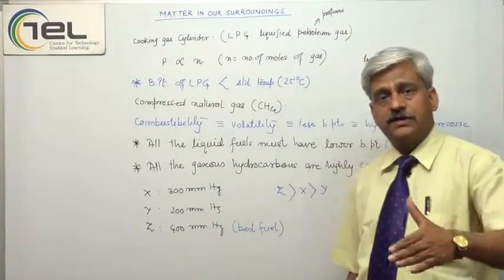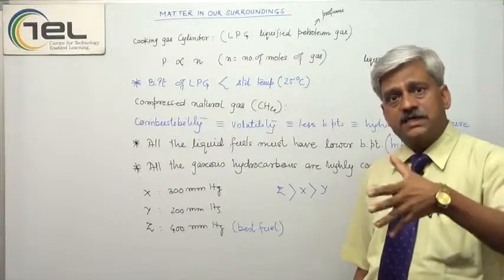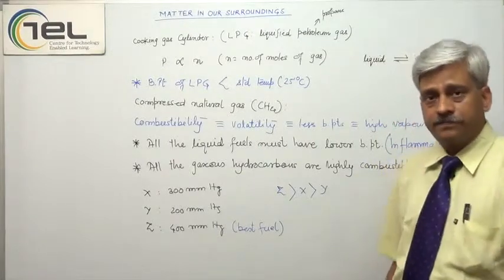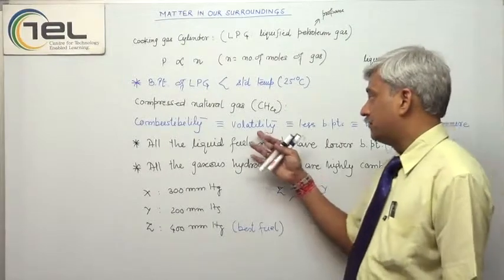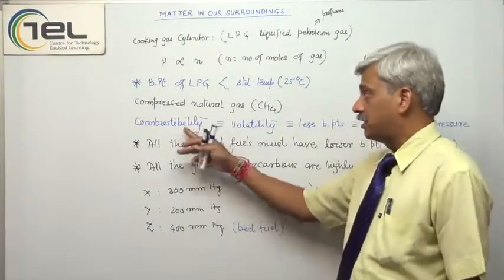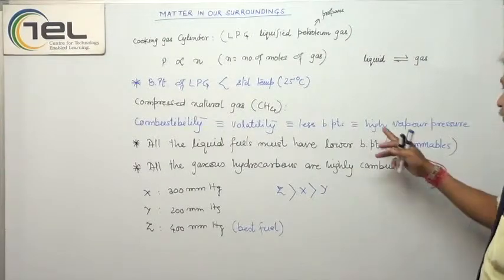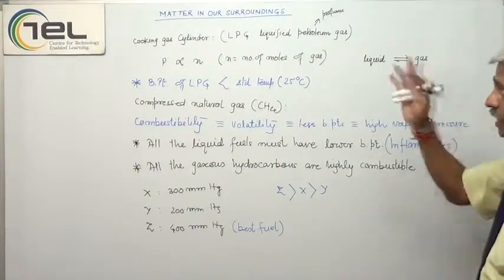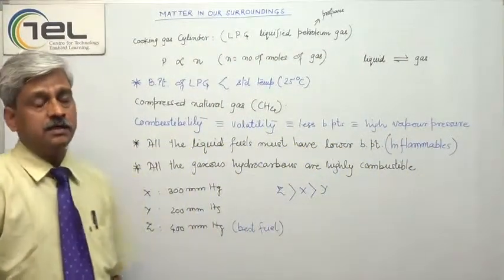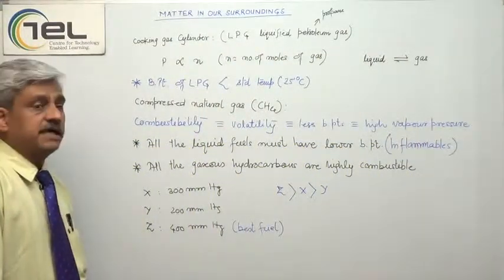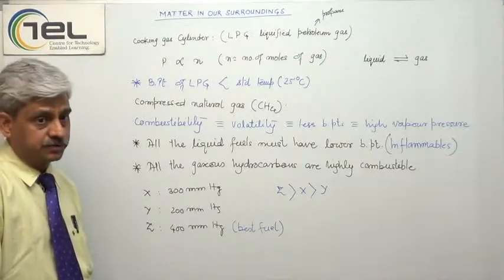Fuel value is the calorific value, the calories generated out of 1 gram. So matter with higher volatilities, higher combustibilities, lower boiling points and high vapor pressures become fuels, and the quality of fuel is measured in terms of calorific values.